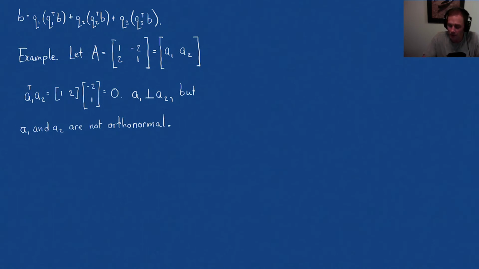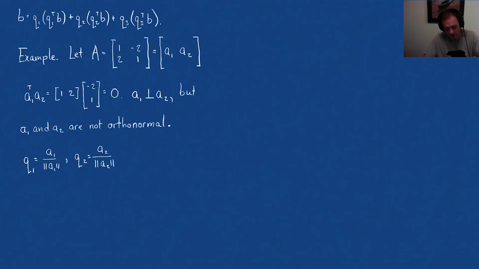So what we have to do is make them of length 1. To make them length 1, I'm going to call A1 will become Q1, meaning it's orthonormal, if we take A1 and divide it by its length. And we have to do the same to get a Q2: we take A2 and divide it by its length.